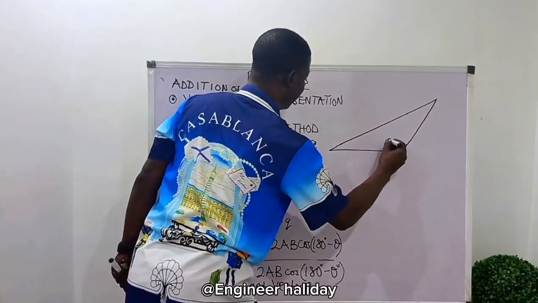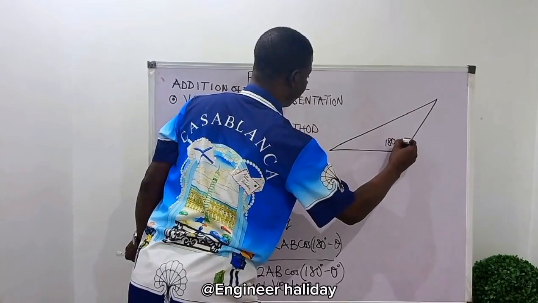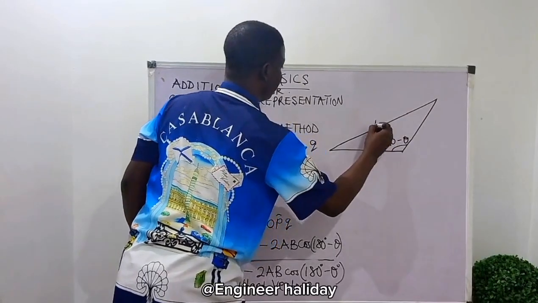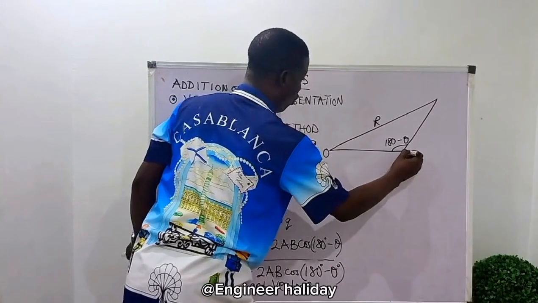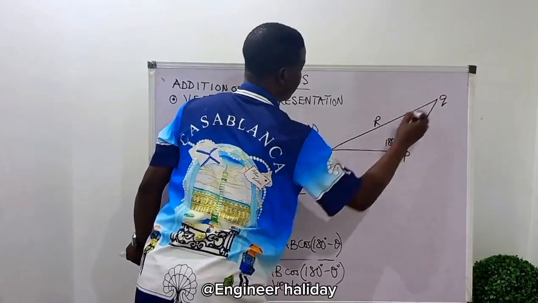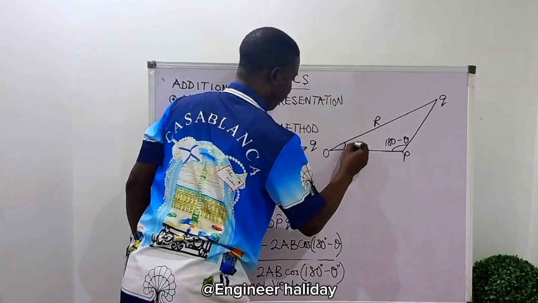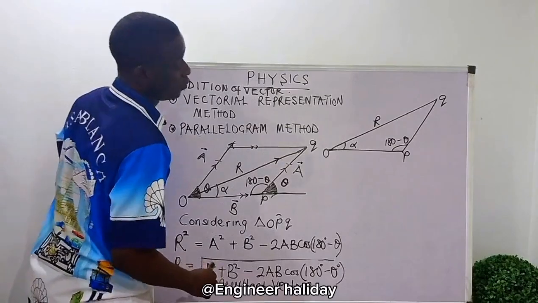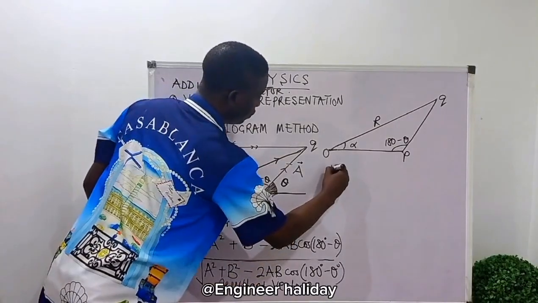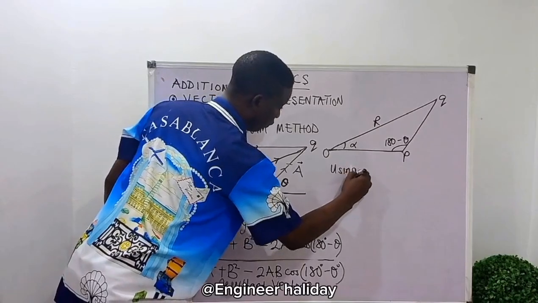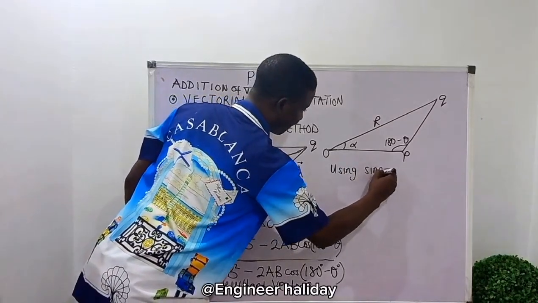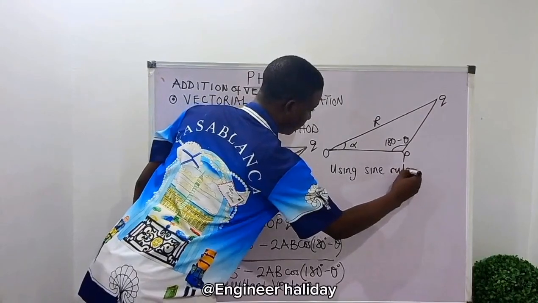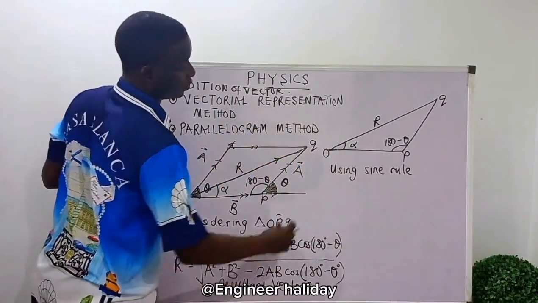This one is 180 minus theta, this is R, and this is O, P, Q. This is alpha, the direction of the resultant force. Now we can use the cosine rule, I mean, the sine rule.